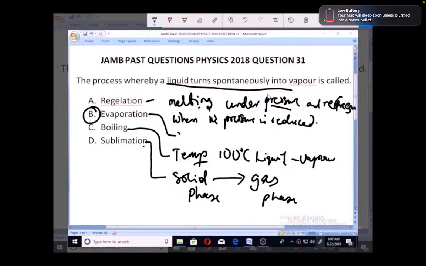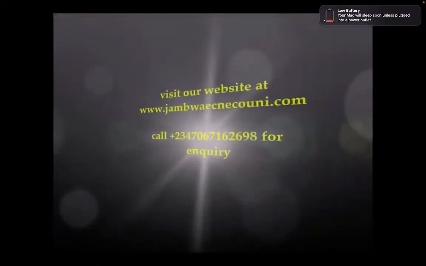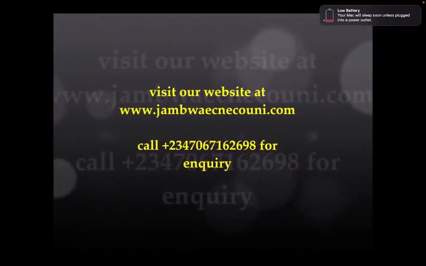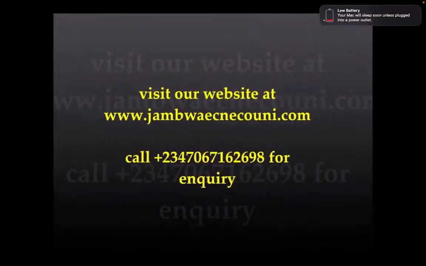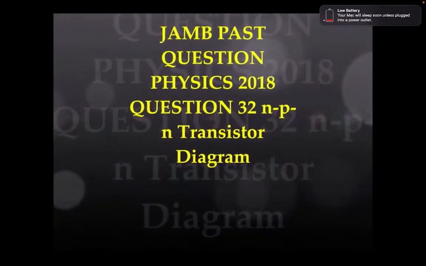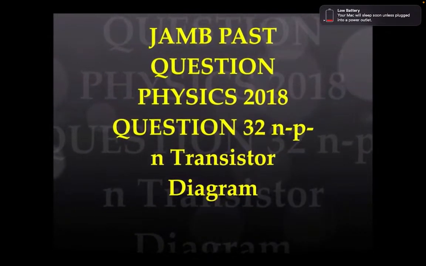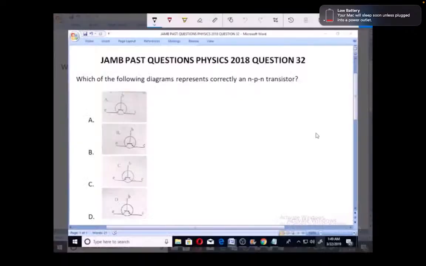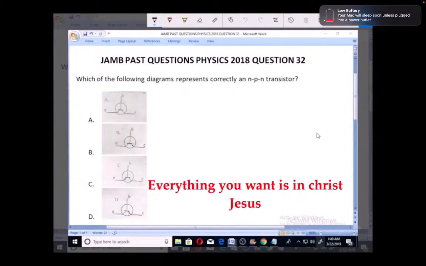Let's look at these JAMB past questions, Physics 2018, question number 32. Which of the following diagrams represents correctly an NPN transistor?